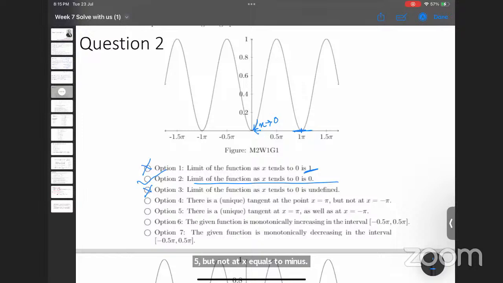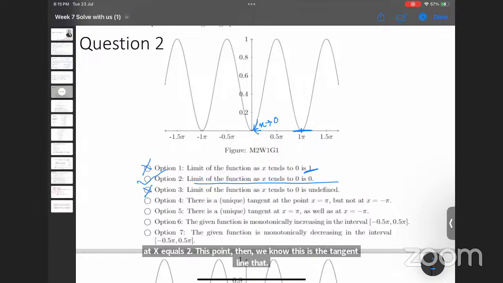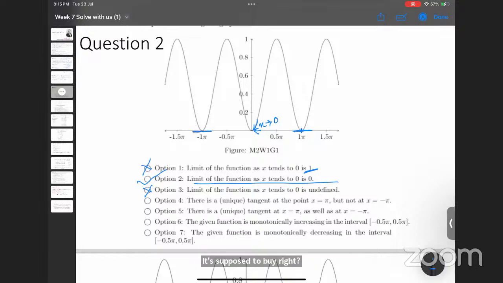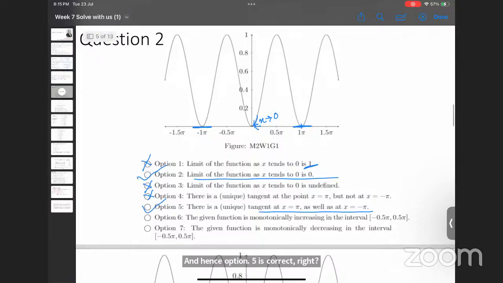And for x equals minus pi, this is the tangent line. So we have a unique tangent for both the points pi and minus pi, right? So option 4 is wrong. And hence option 5 is correct, right?